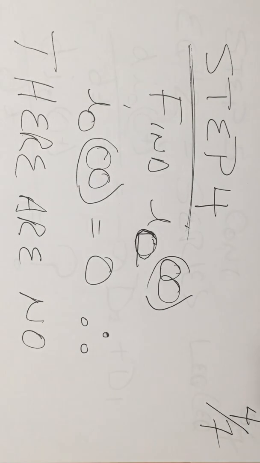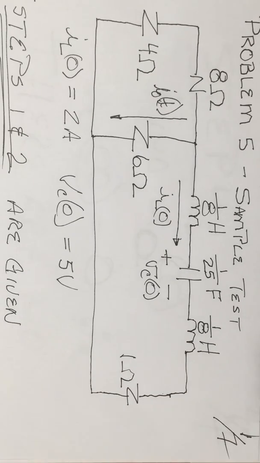Step 4 is find IO at infinity. If I go back to the original network for the problem, I notice that there are no sources of any type in this problem.